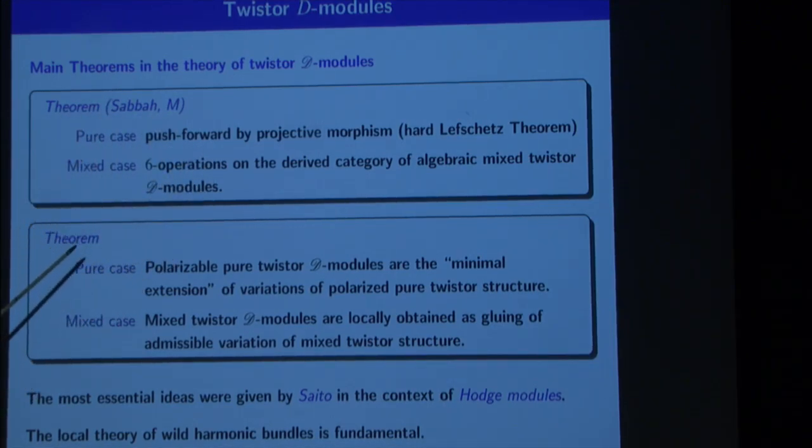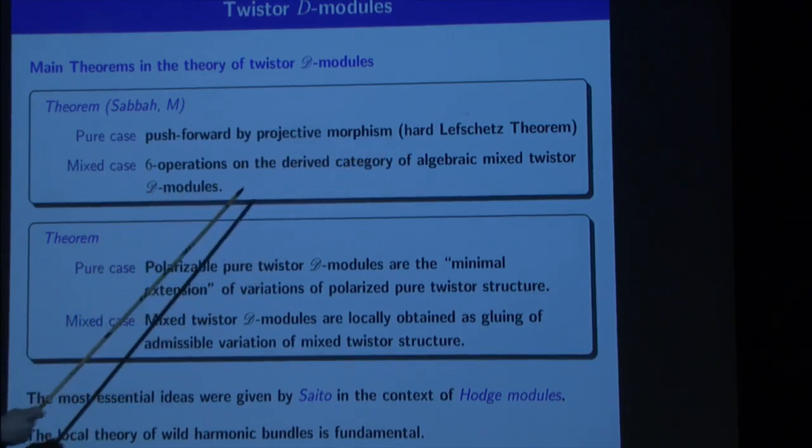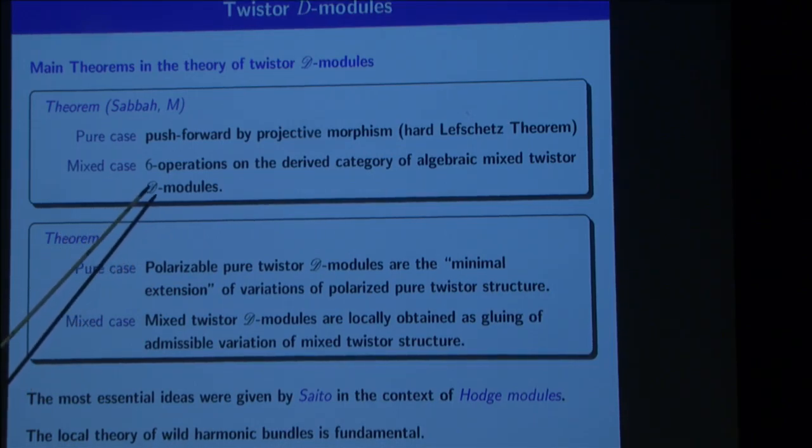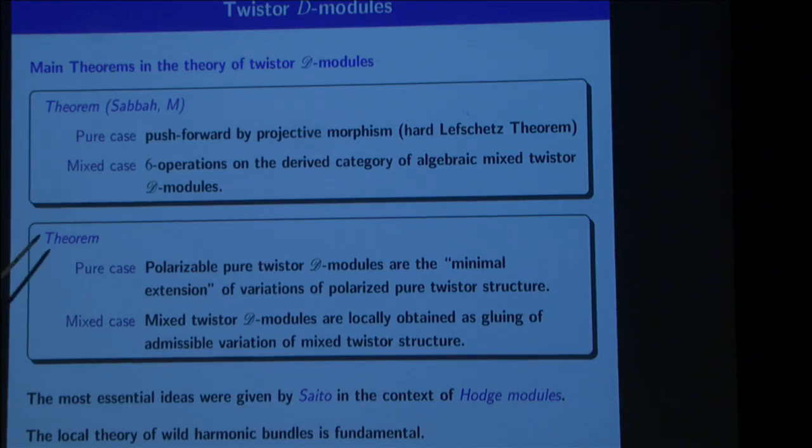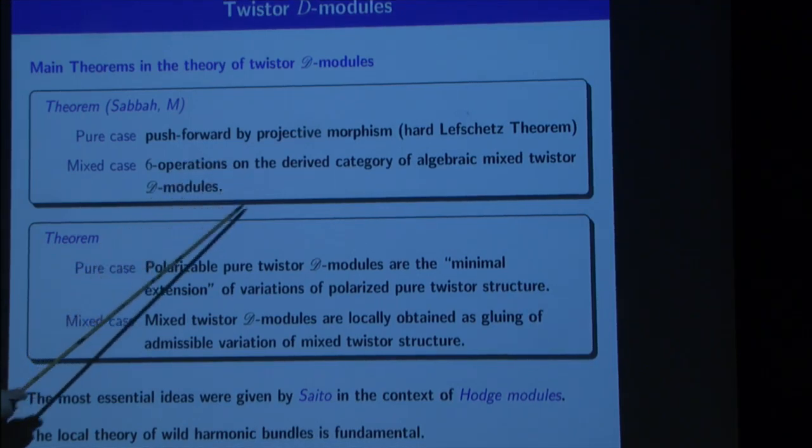In the pure case, we have the push forward of polarizable pure twistor D modules by projective morphisms. And we also have the hard Lefschetz theorem for polarizable pure twistor D modules by projective morphisms. And in the mixed case, we have 6 operations on the derived category of algebraic mixed twistor D modules, which are compatible with the 6 operations for algebraic holonomic D modules.